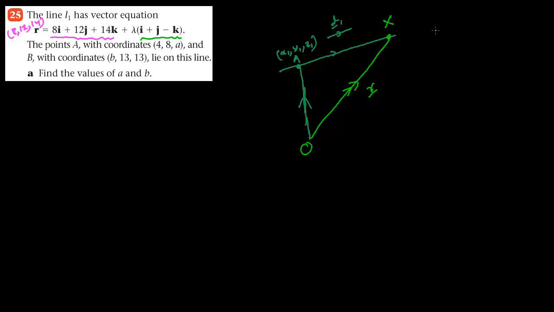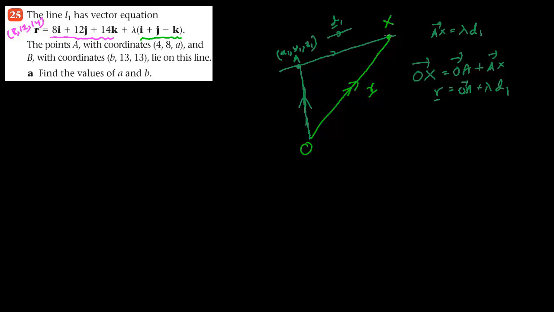That means we can figure out the vector AX by multiplying the direction vector d1 by any arbitrary constant lambda, or we can use mu. So the total rule of the vector would be OX equals OA, that's the clockwise direction, plus AX. That means OA plus lambda times the direction vector. So this is what r is.